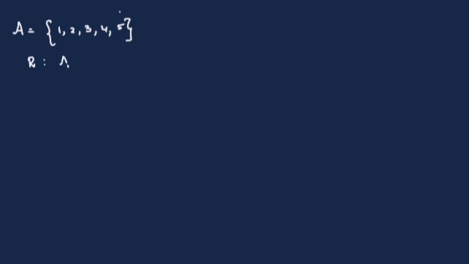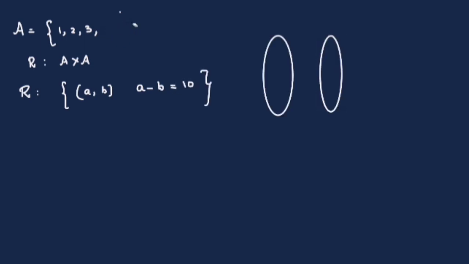The relation R is from A to A. It is defined from A cross A. Now the relation I am going to define here is the set of all the ordered pairs, but one condition: the difference A minus B is 10. Just take the set A as {1, 2, 3}.